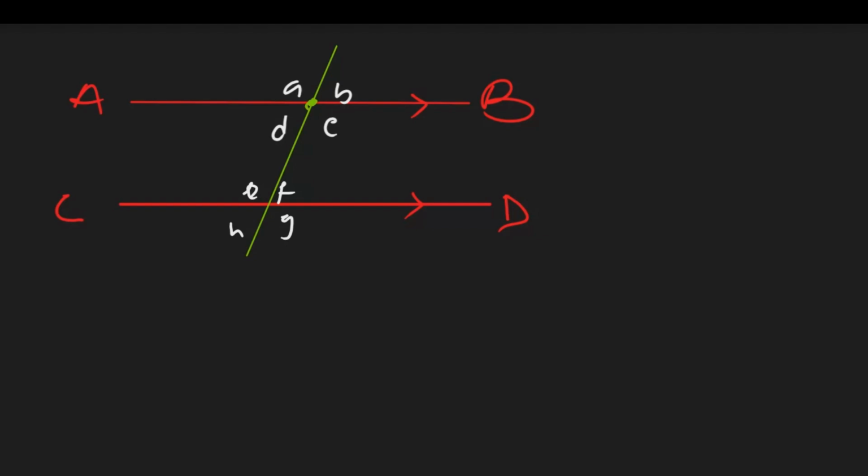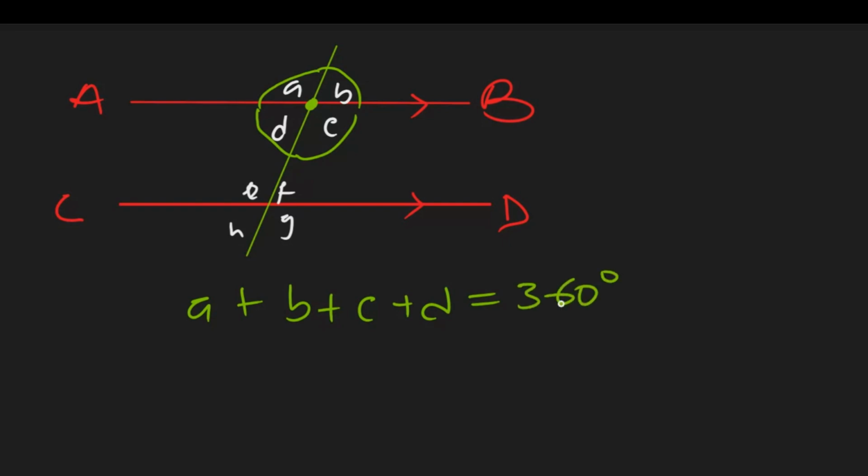These angles here, A, D, C, and B, form angles at a point. It is forming something like a circle, and their sum is equal to 360 degrees. So we have A plus B plus C plus D, and it should give me 360 degrees. So that is what you should know.